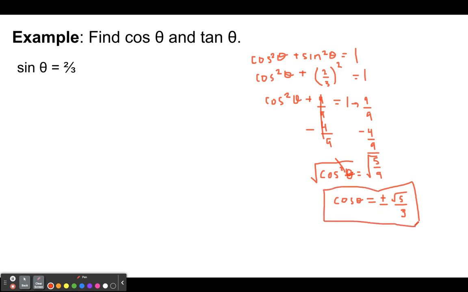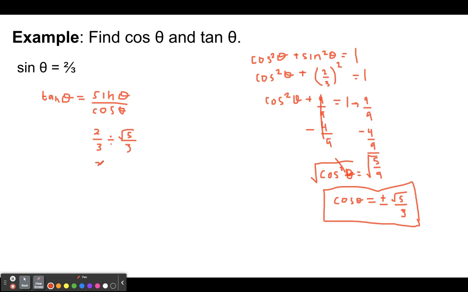So now that I have cosine of theta, I can go ahead and solve for tangent. So again, tangent theta is the same thing as saying sine over cosine. And we know that sine is 2/3 divided by cosine, which is square root of 5 over 3.